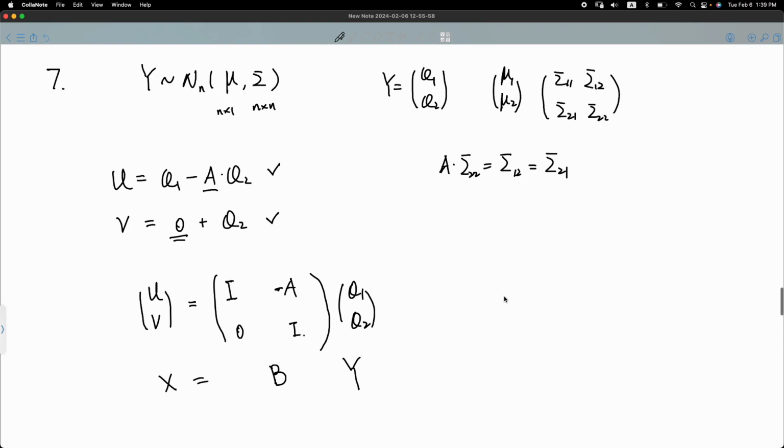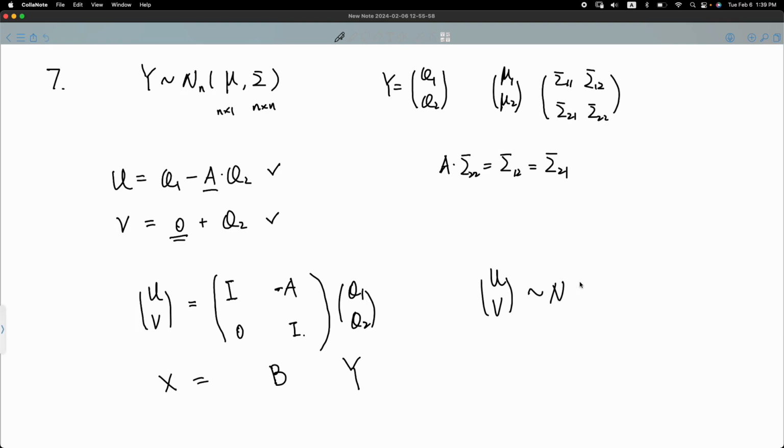Then we are interested in U and V. This new column vector follows a normal.